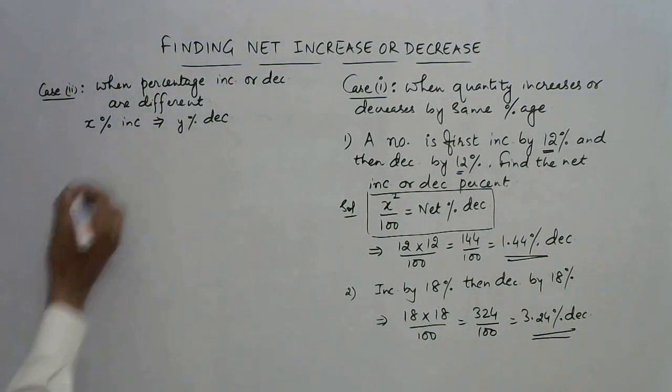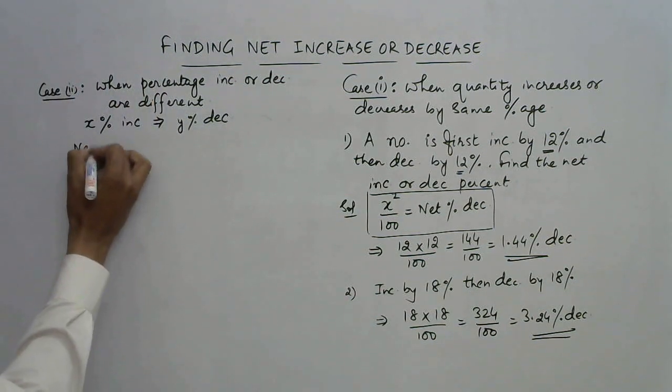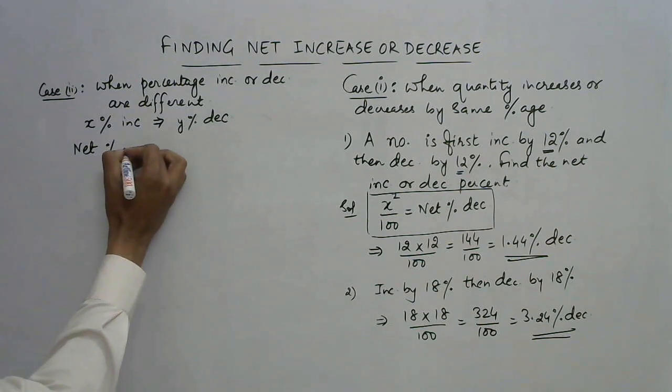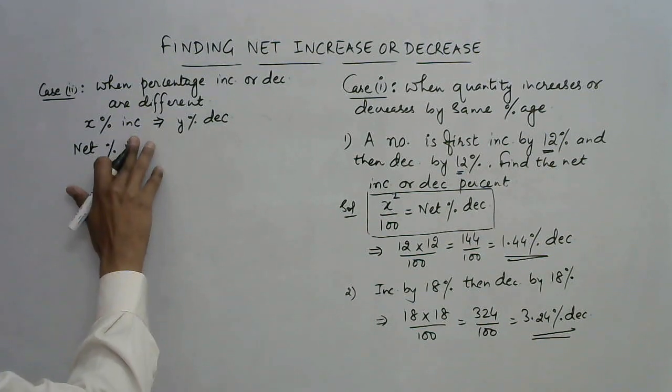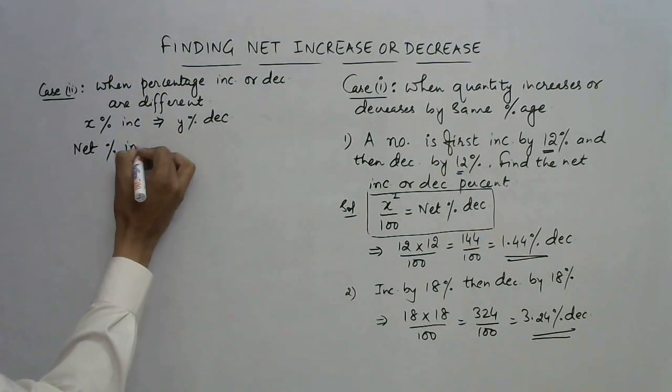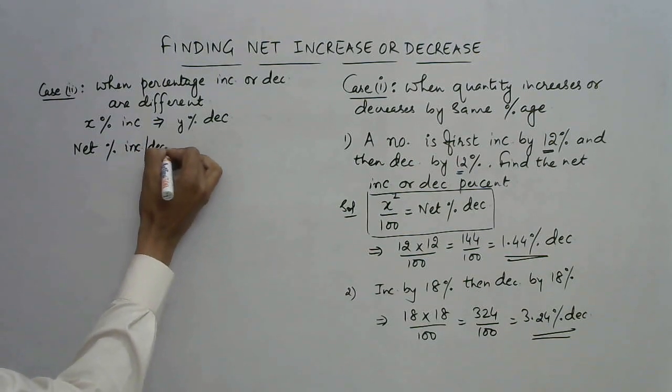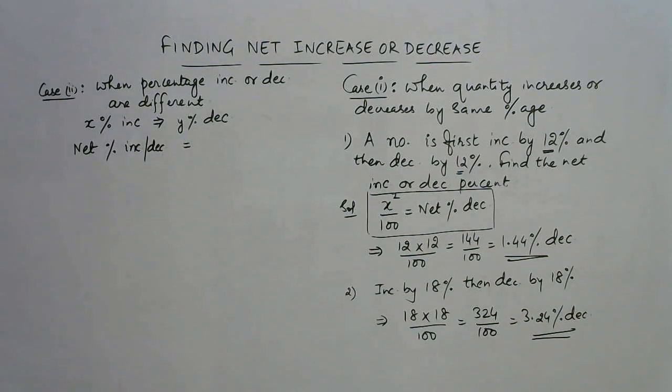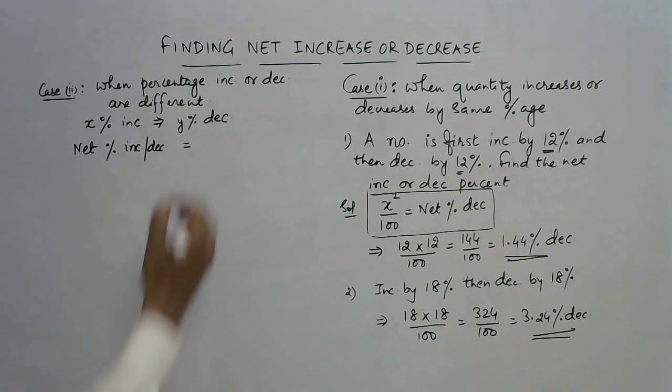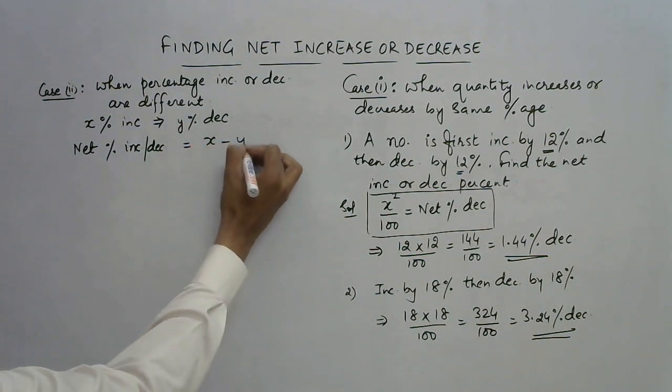What happens here is net percentage increase or decrease is given by, so now this is the short trick, x minus y.